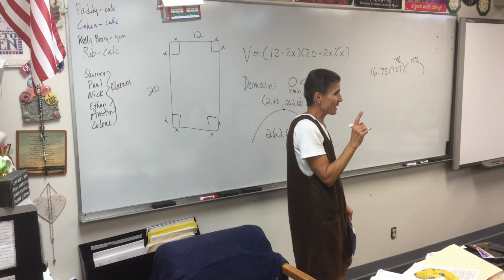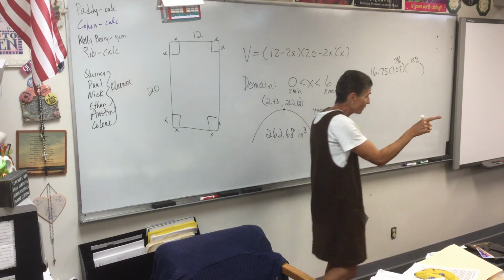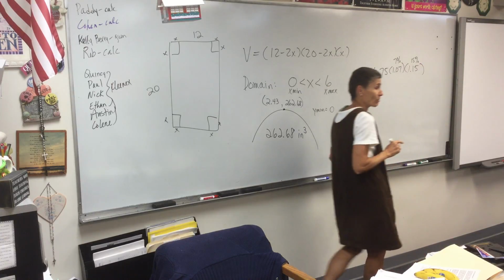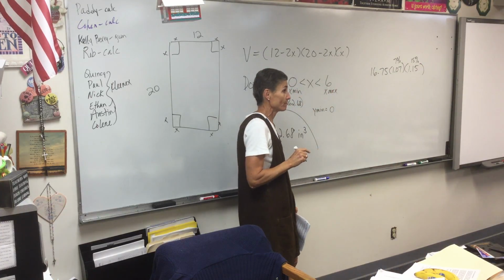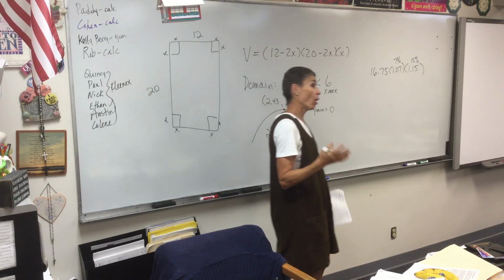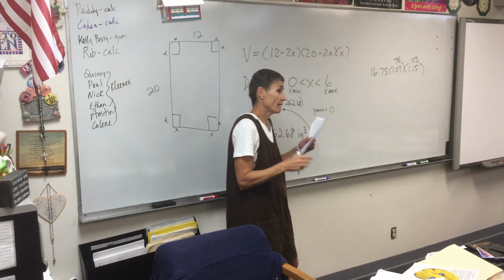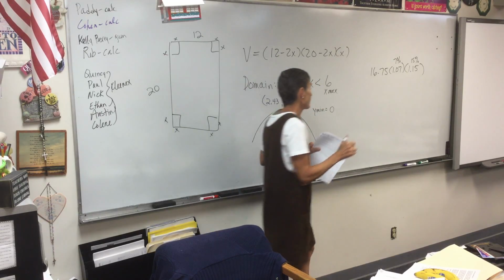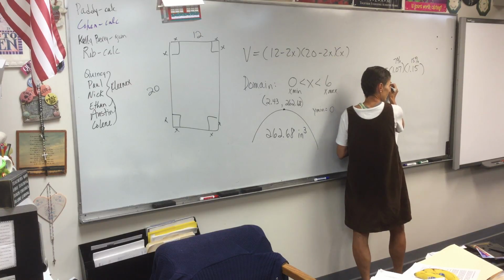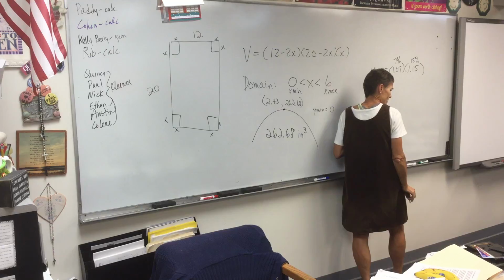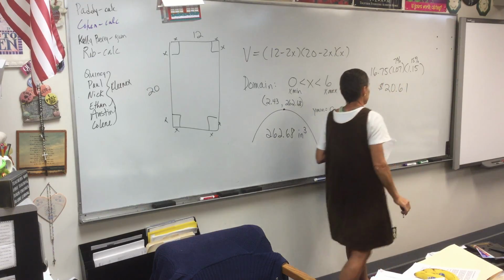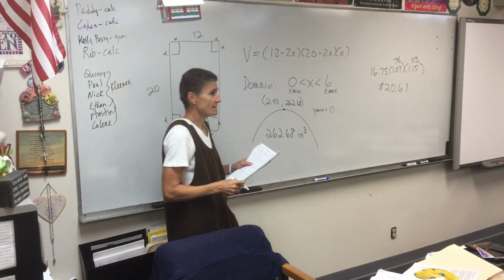But what about my tip? 1.15, because that's not a discount. That's another add-on, just like taxes. If I were buying something that was 15% off, then I would multiply by 0.85. Round off to the nearest cent. What is the final answer? $20.61. Is that okay?